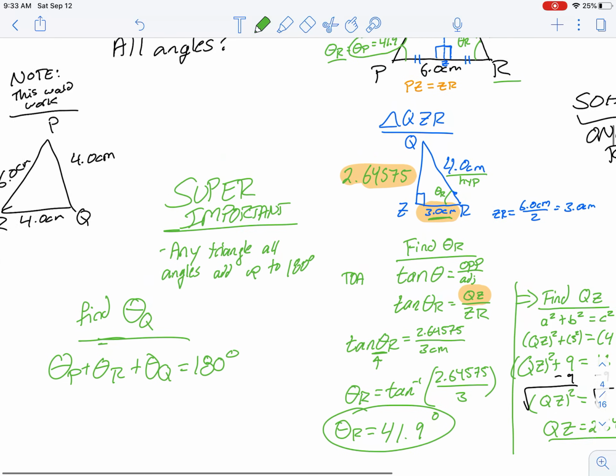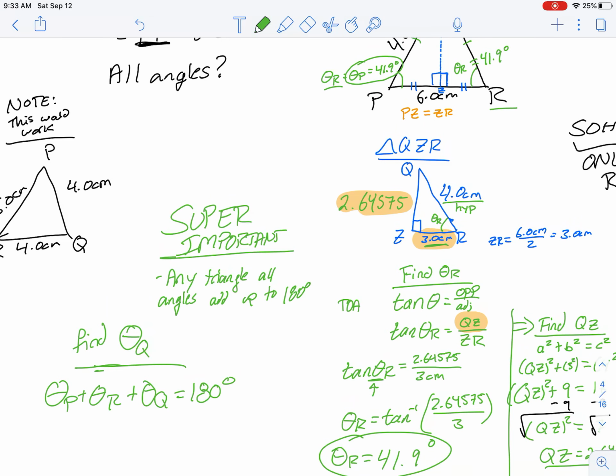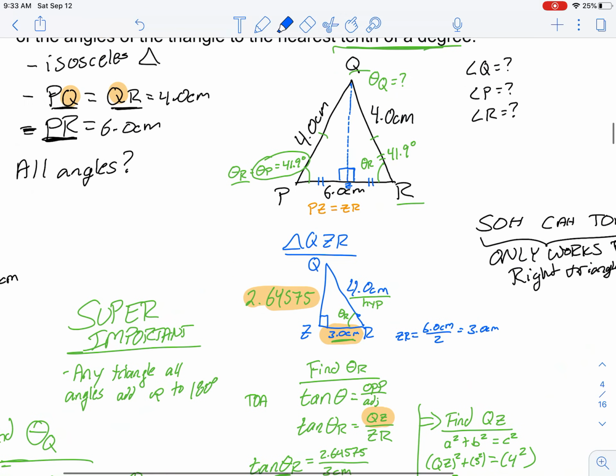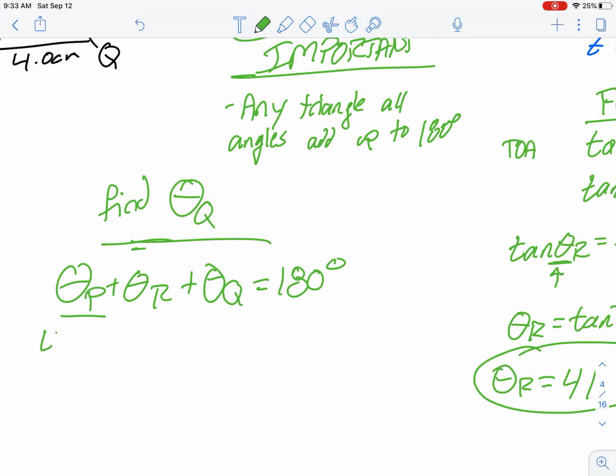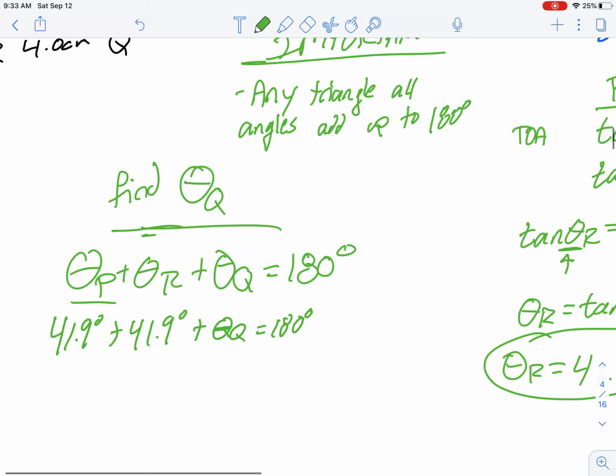Now we can plug all these values in. We know that angle P equals 41.9 degrees, and we also know that angle R equals 41.9 degrees. So we could plug those values in here. So 41.9 degrees plus 41.9 degrees plus angle Q equals 180.